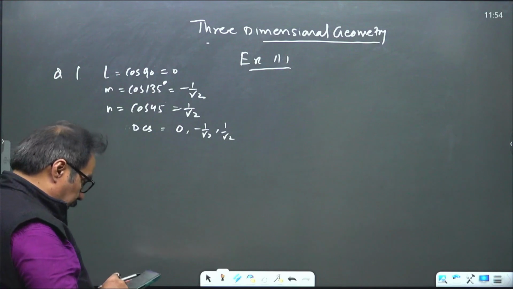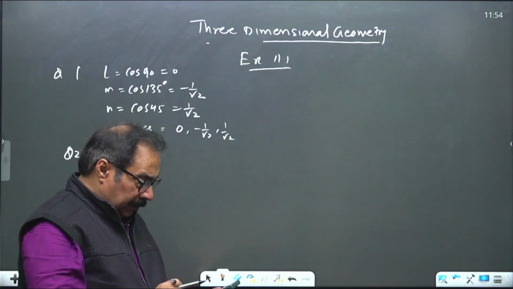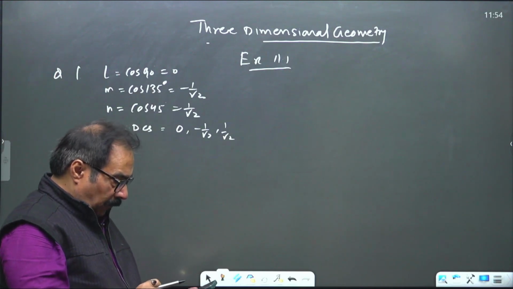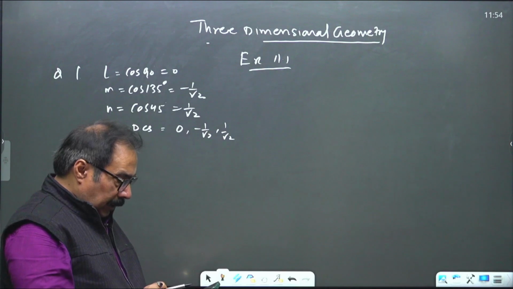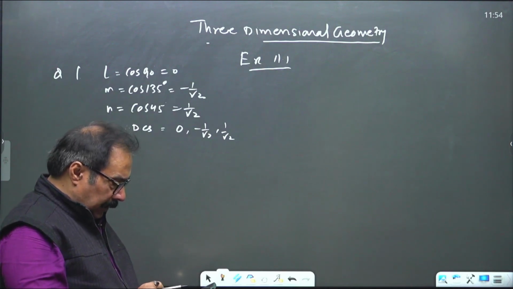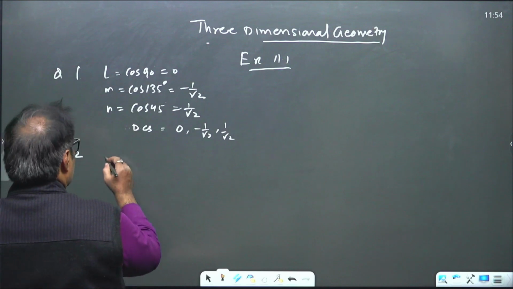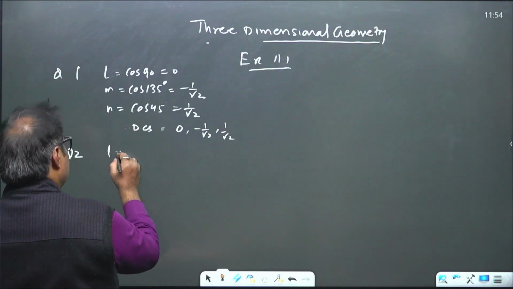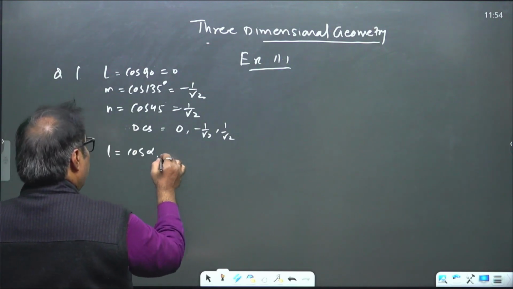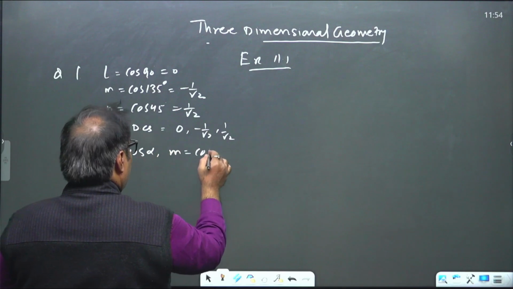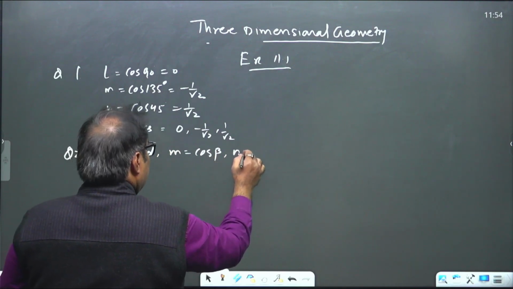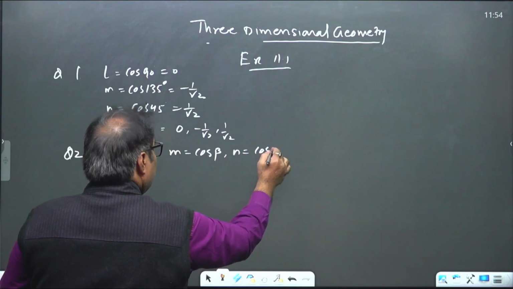The second question is: find the direction ratios of a line which makes equal angles with the coordinate axes. Let L equal cos alpha, M equal cos beta, and N equal cos gamma.